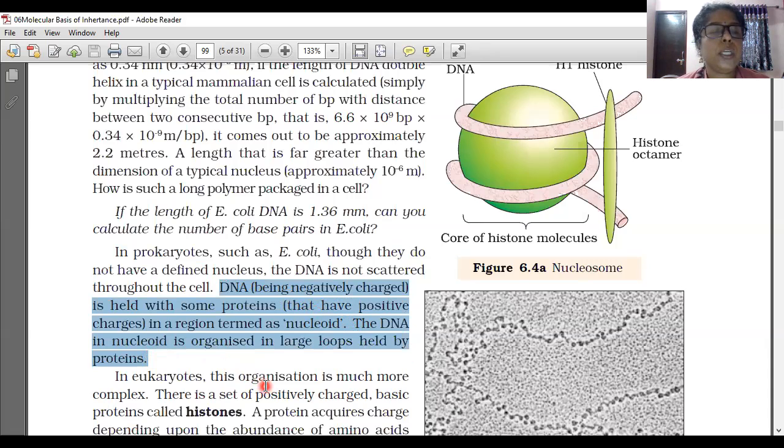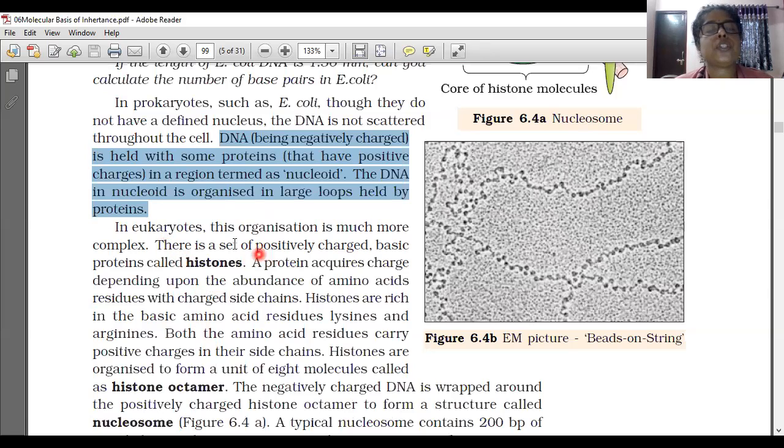The DNA in the nucleoid is organized in large loops held by proteins. So DNA, being negatively charged, is held with some proteins that have positive charges in a region termed the nucleoid.